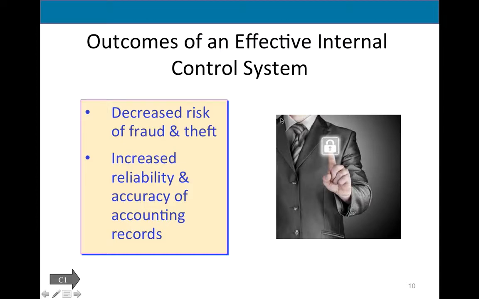So the outcomes of a good internal control system are decreased risk of fraud and theft, and increased reliability and accuracy of accounting records. We're serving our customers with financial records. By customers, I really mean our stockholders and lenders, who have to get accurate information to make their decisions.